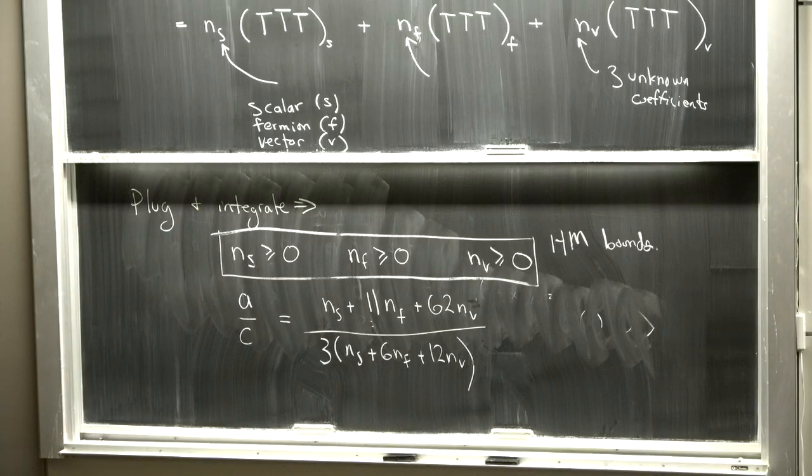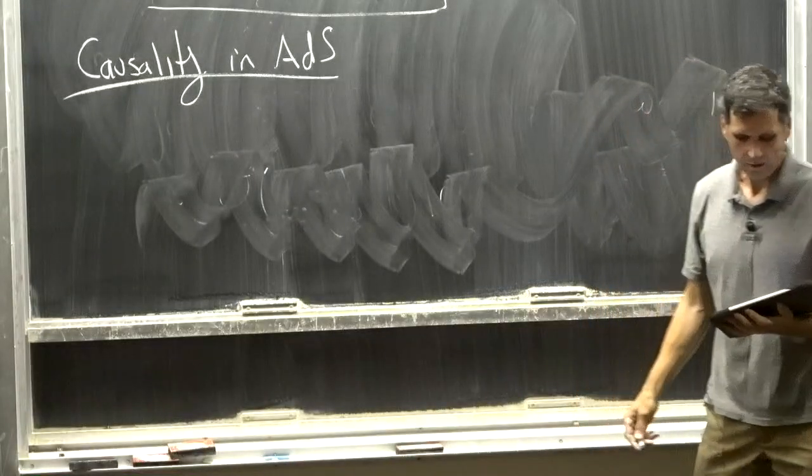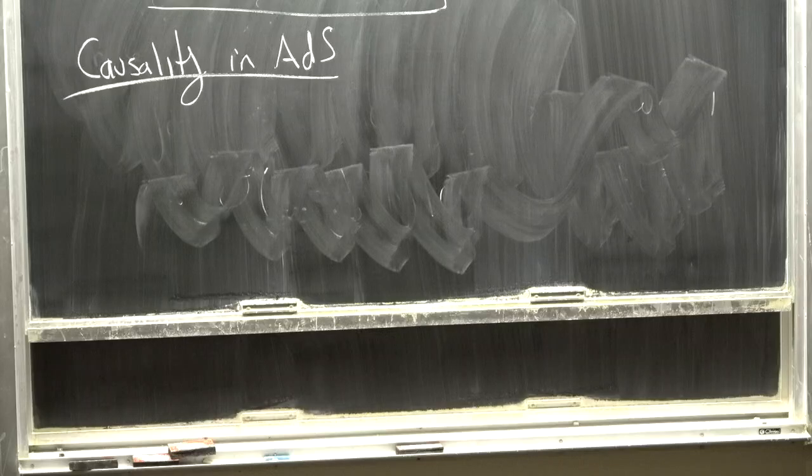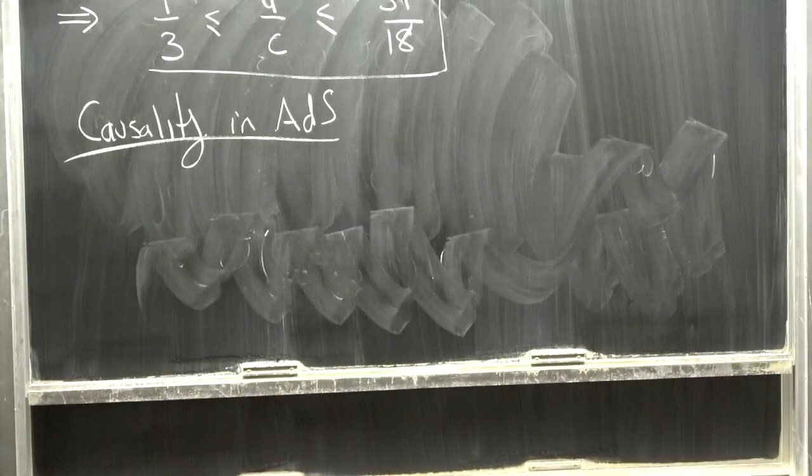One of the most interesting things about this application and the Hartman-Malesheim bounds is the connection to holography. So I'm not going to get into any detail at all in terms of the holographic picture, but I just want to draw the picture. In the holographic dual description, the calculation that we just described is related to causality in anti-de Sitter space.